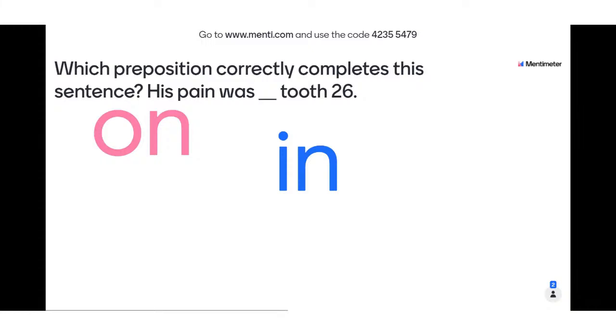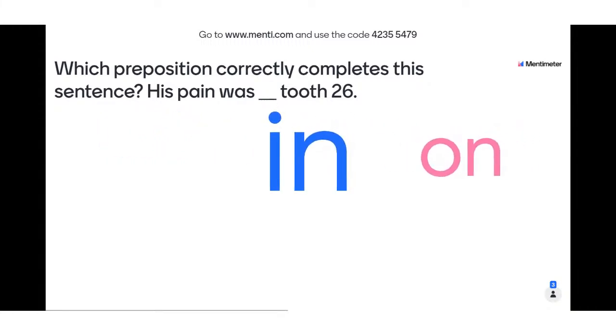This is a really common mistake that we see a lot of candidates make with prepositions. Prepositions and articles, I would suggest, are two of the most common grammar mistakes that students make. So don't feel bad if this is the mistake that you make.